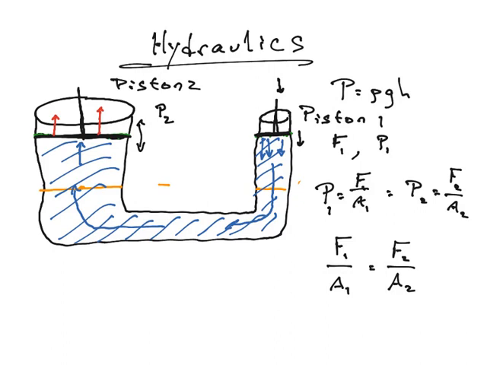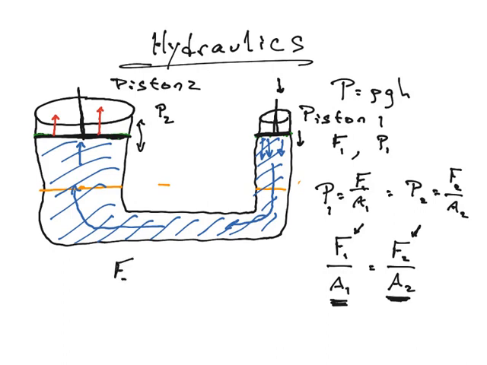But I know that piston 2 is much bigger than piston 1 in my example, and thus the area of piston 2 is bigger than the area of piston 1. But if this number is different than this number, for these two quantities to be the same, this number has to be different than that number. So, what do we know?